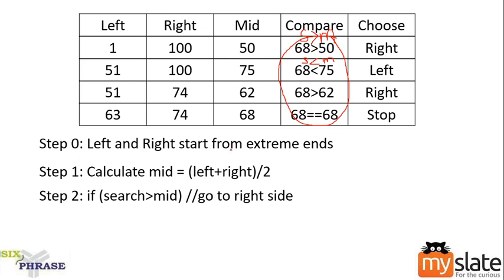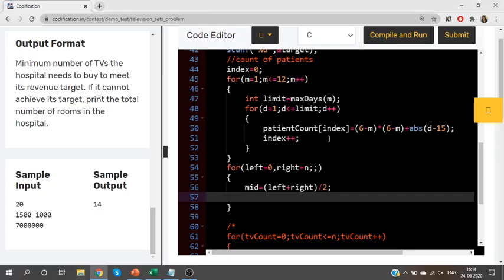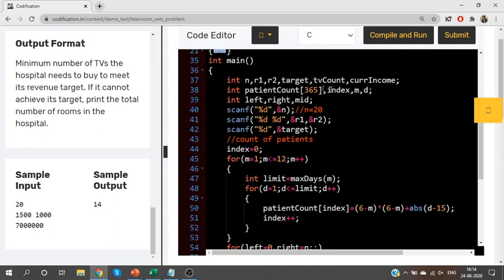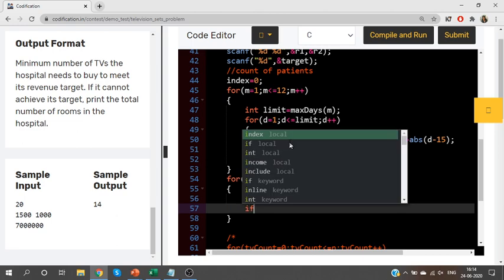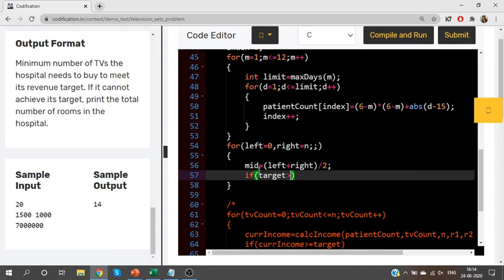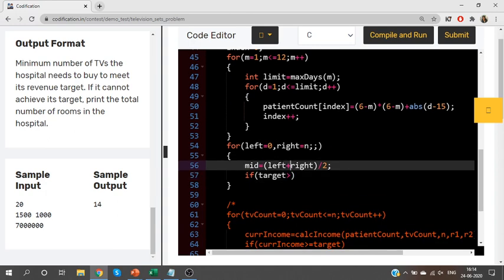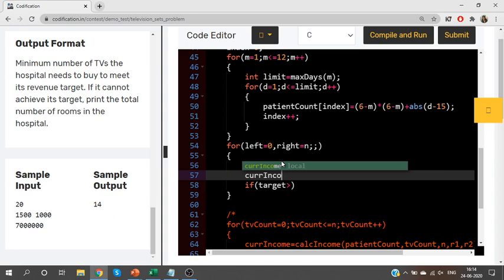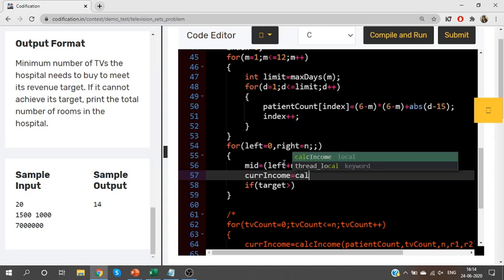In our case, we are searching for our target income. So check whether your target is greater than the income at mid value. Your current income is nothing but calculate income.